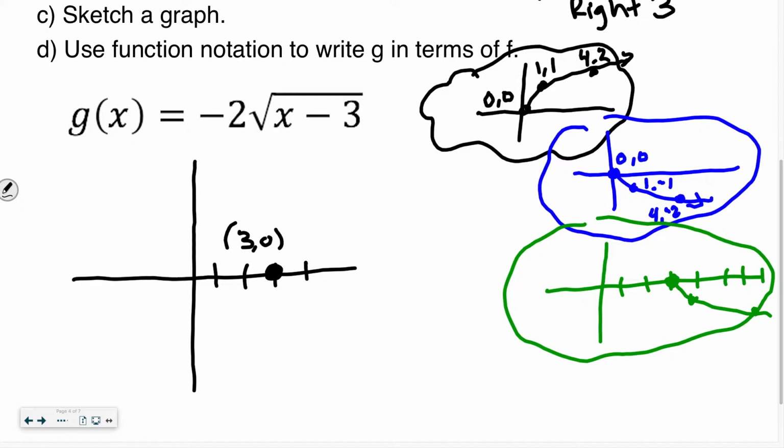So my next point at 4, instead of going to (4, -1), I'm going to go to (4, -2). So you should have the point (4, -2) on your graph. And if you wanted to do this other point out here, think about this point. This point used to be (4, -2). Then I shifted it right 3, so now it's at (7, -2). But I'm going to multiply my y value by 2, so it's really at (7, -4).